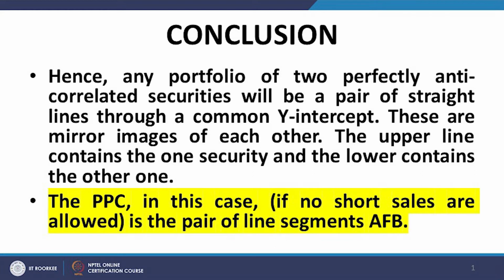The portfolio possibilities curve, if no short sales are allowed, is the pair of line segments AF and FB. If short sales are allowed, what happens? These two lines get extended indefinitely. As you can see, beyond B, B is long, A is short, and beyond A, A is long, B is short.